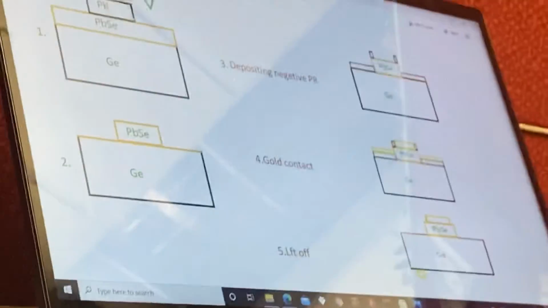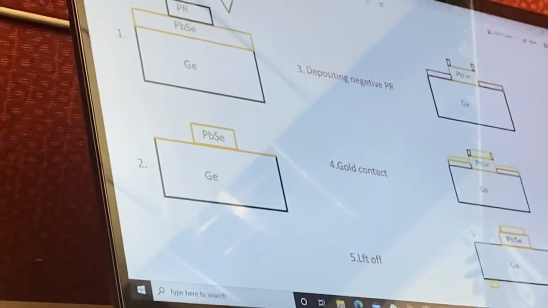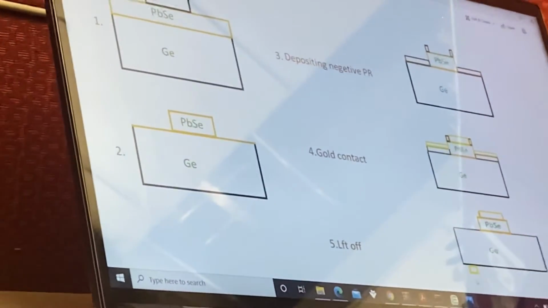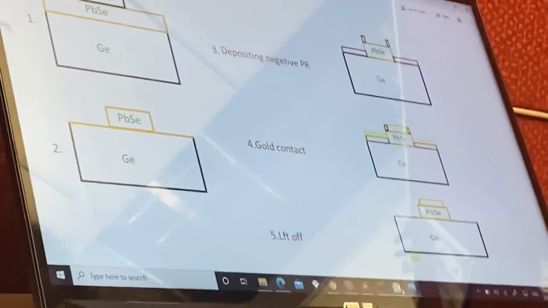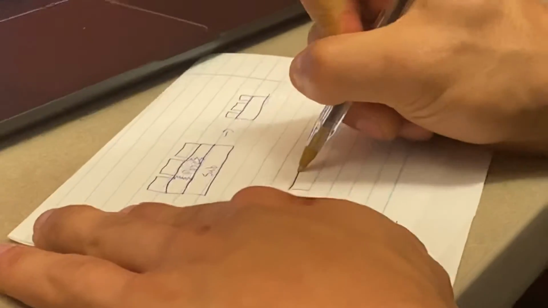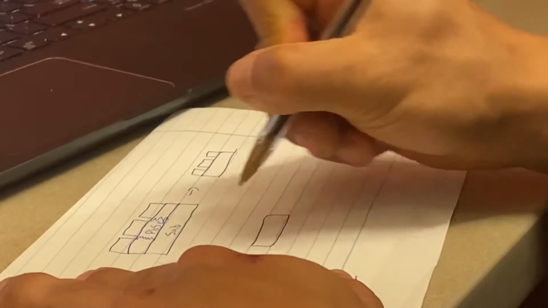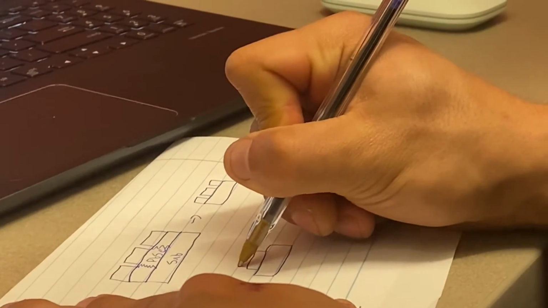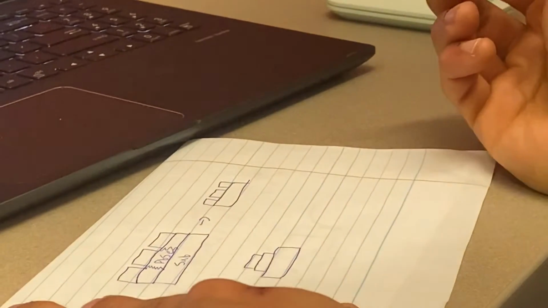And then also, you stopped after the gold, but you also have a third design that is for the insulation, right? So there would be another one. We'll just take it from your design here now. So you have the PbSe and you have your gold on top now, which is good.